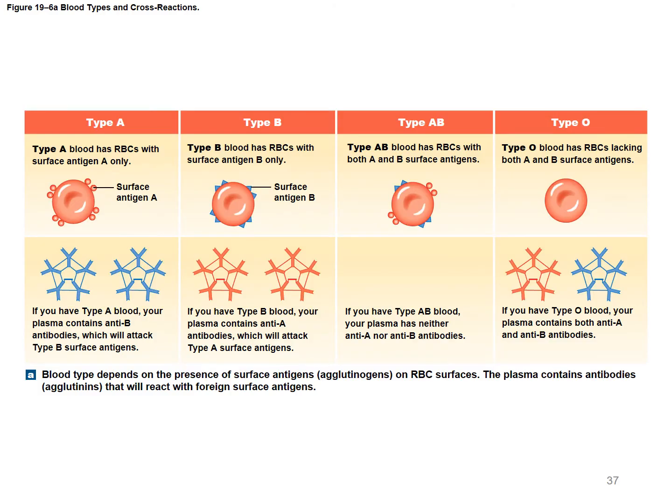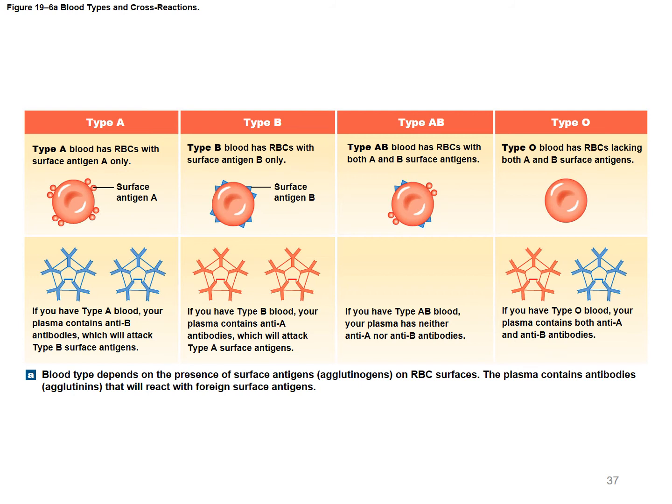So looking at this chart, I really like this slide because this chart will basically help lay out for you what type of surface antigen is actually on the cell itself, and then what type of antibody is going to be floating around in the plasma. So this is a good breakdown of all of the 4 different ones where you can see their antigens and their antibodies. As you look at the surface antigen A, you see it looks like a little red circle.